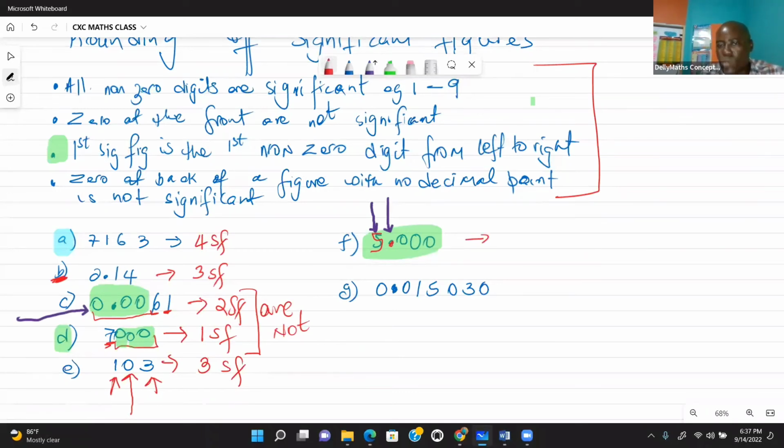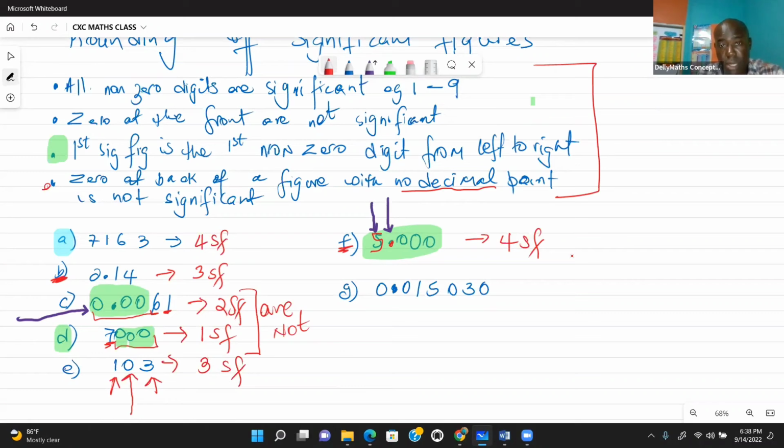So this one is unique. We have 4 significant figures. Remember, zeros at the back are not normally significant, but when a decimal point comes in the figure, then they all become significant. That is what caught this at F. Very special and a unique situation.